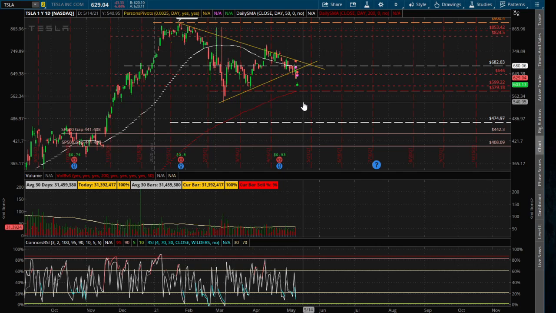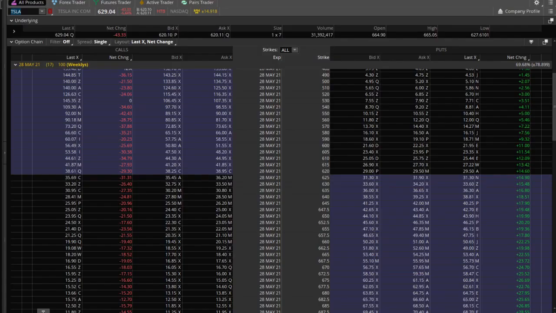A is to load up on the shares, and B is to buy a leap option projecting about 2 years out with the price target of about $700. I am looking at a May 28th expiration date, just to give myself a couple of weeks out, and let's see what kind of risk we're looking at.